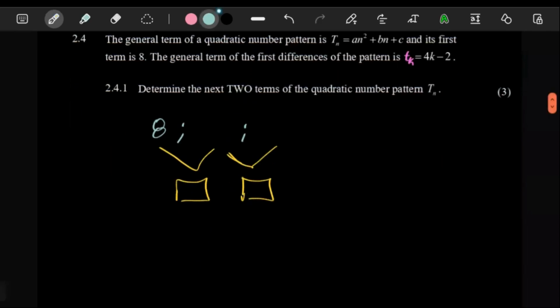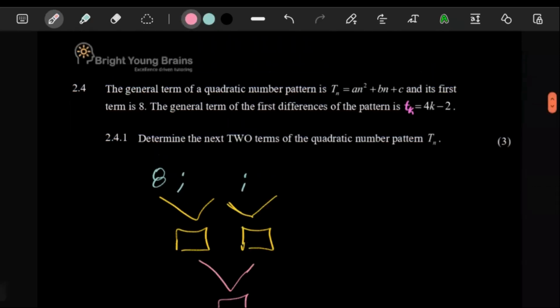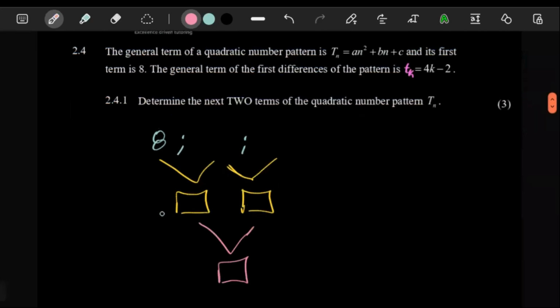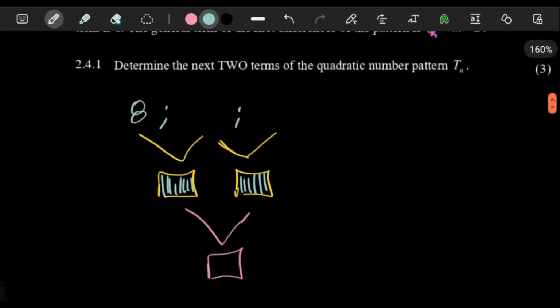In addition to that, all quadratic number patterns have a second common difference. So this 4k minus 2 is going to give us this number over here, and also this number over here, which is useful, because as long as we have these 2 numbers, we can easily work out what this value is and what this value is.